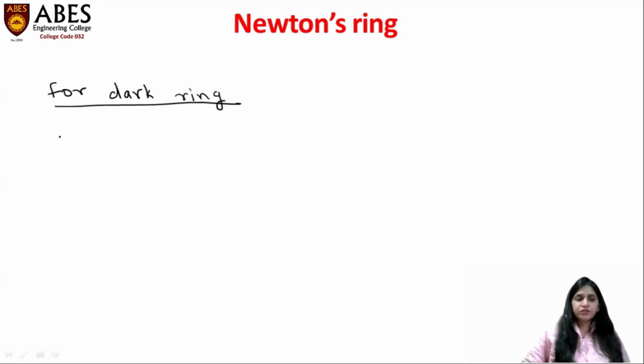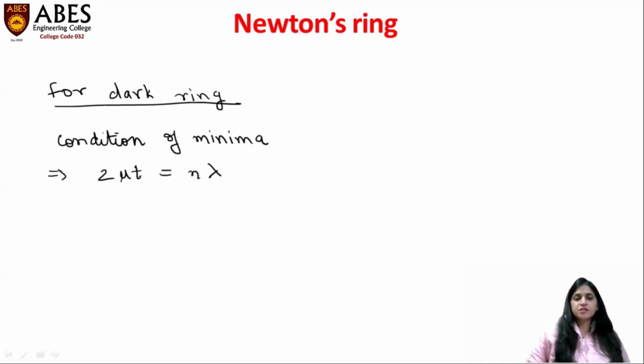So what is the condition of minima? The condition of minima is 2 mu T is equal to n lambda. So now let us substitute the value of T from equation number 2 that we derived from the diagram: 2 mu r square upon 2R is equal to n lambda.